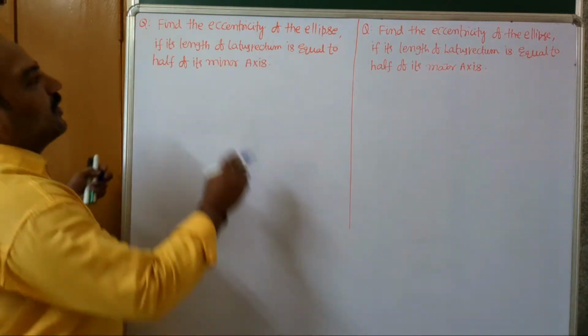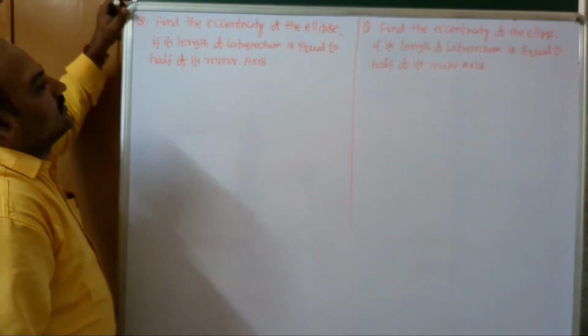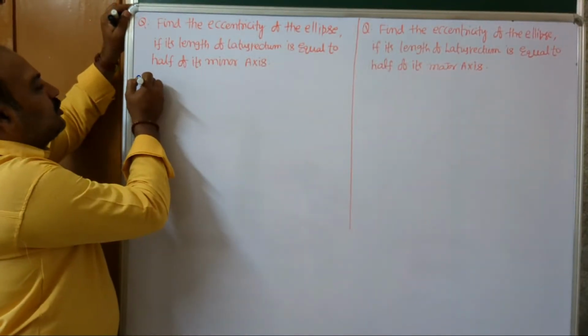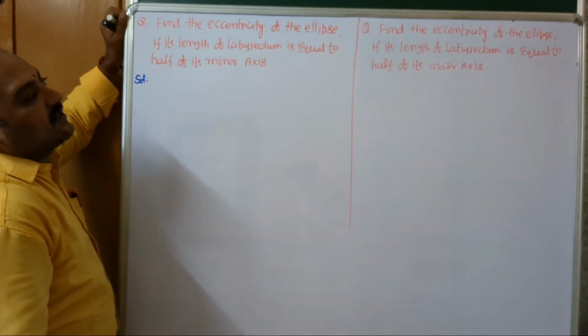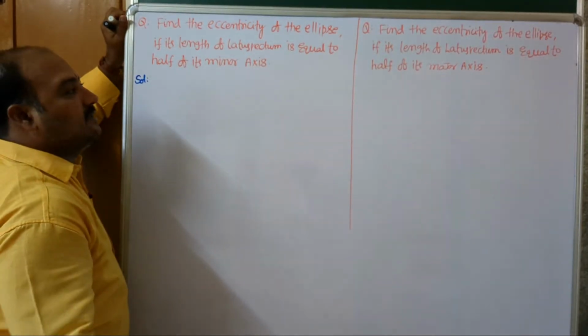See, they are asking to find eccentricity. So first we need to apply the conditions. If its length of latus rectum is equal to half of its minor axis, the length of latus rectum LLR is equal to half of its minor axis.